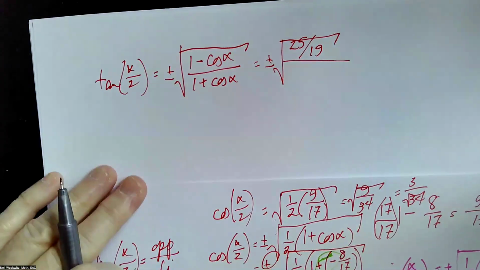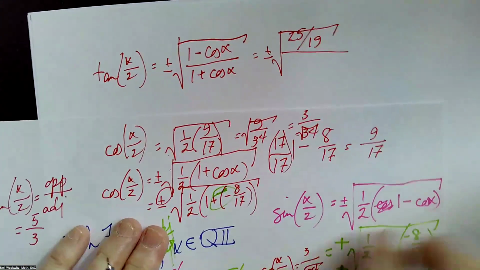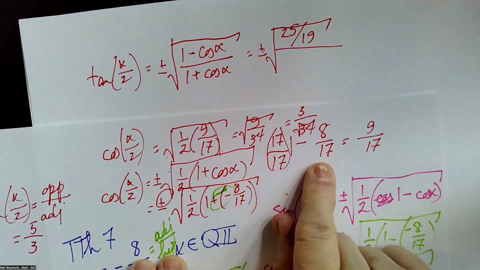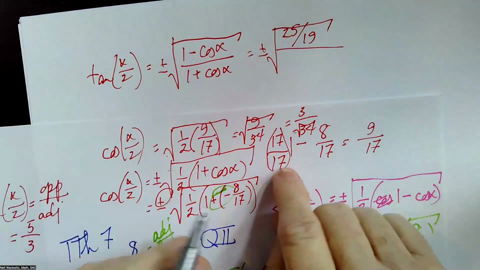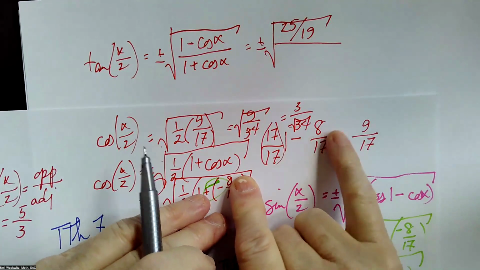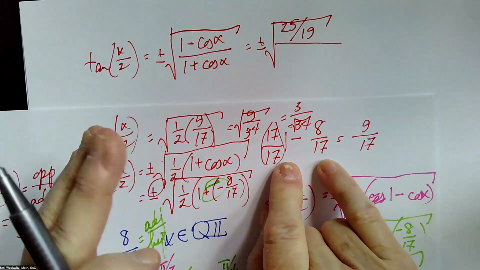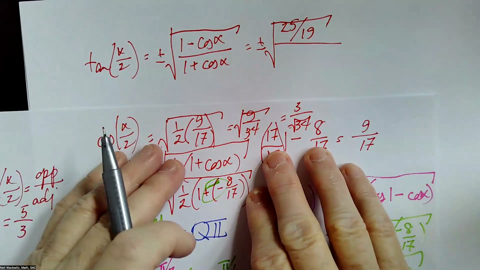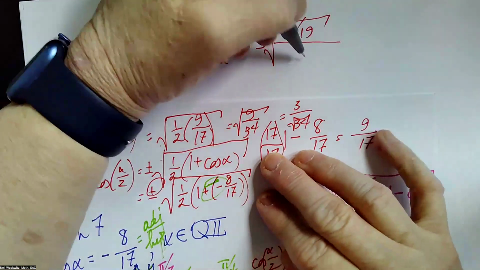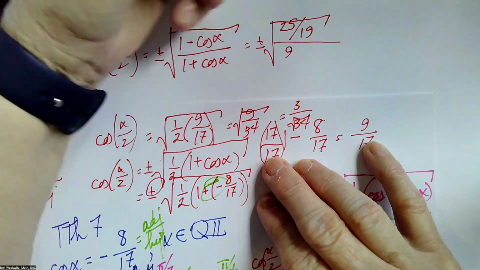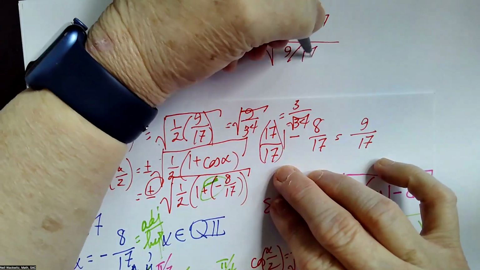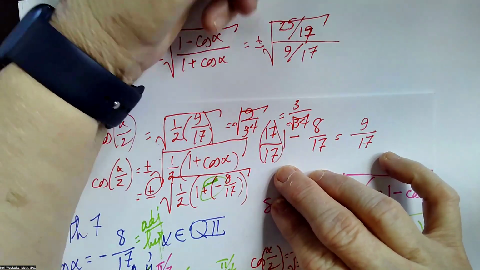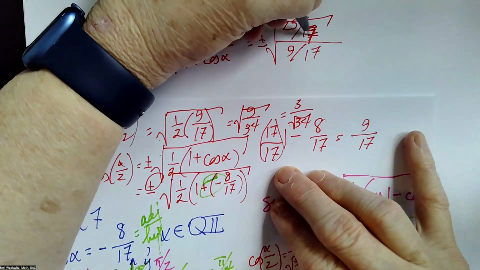The denominator, we said that 1 plus 8 over 17 is the same as 1 minus negative 8 over 17. So we get a minus sign there, and we get that 1 plus cosine alpha is going to be 9 over 17.